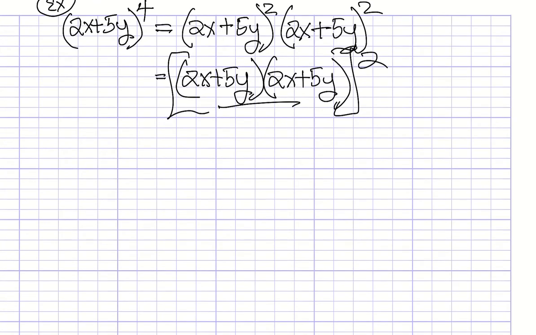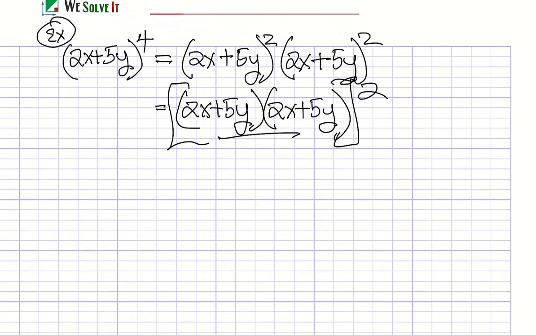See what happens. So we start multiplying inside the bracket. We get 2x times 2x, you get 4x squared. And then you do 2x times 5y, you get plus 10xy.